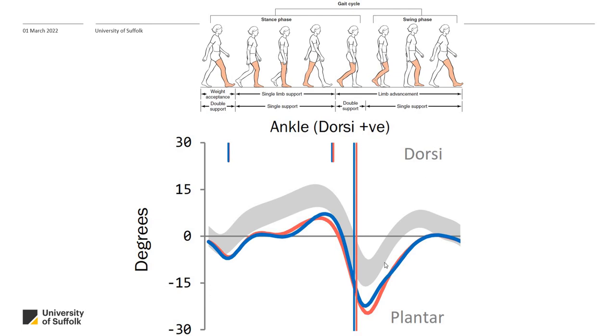And from that moment on, the foot is pointing downwards, you're plantar flexing, so you don't want to trip over anything whilst your foot is moving through the swing phase, so we need to get it off the ground. So we move it through the swing phase and up into a flexed position to lift the toes and lift the foot off the floor and reduce the chances of tripping.